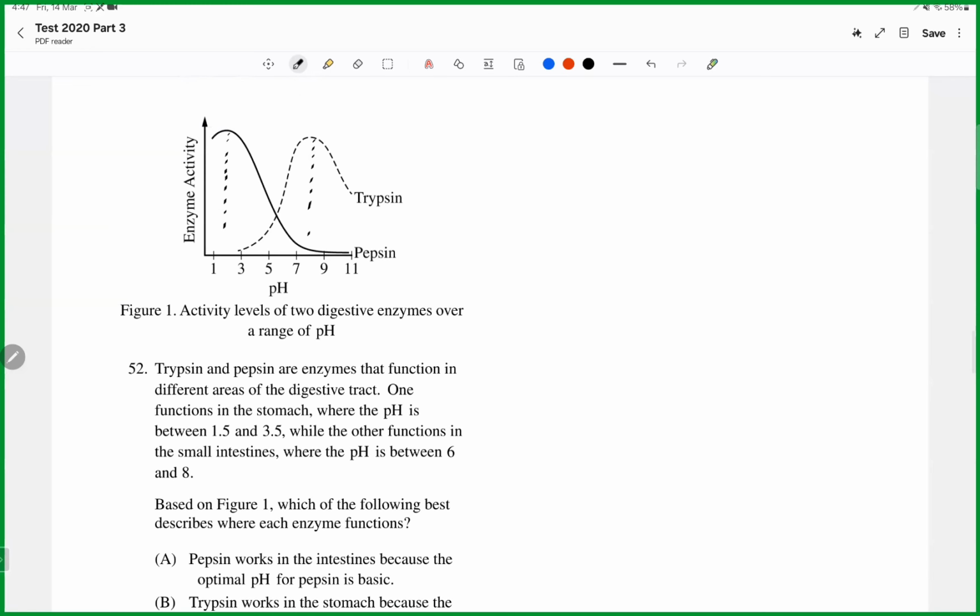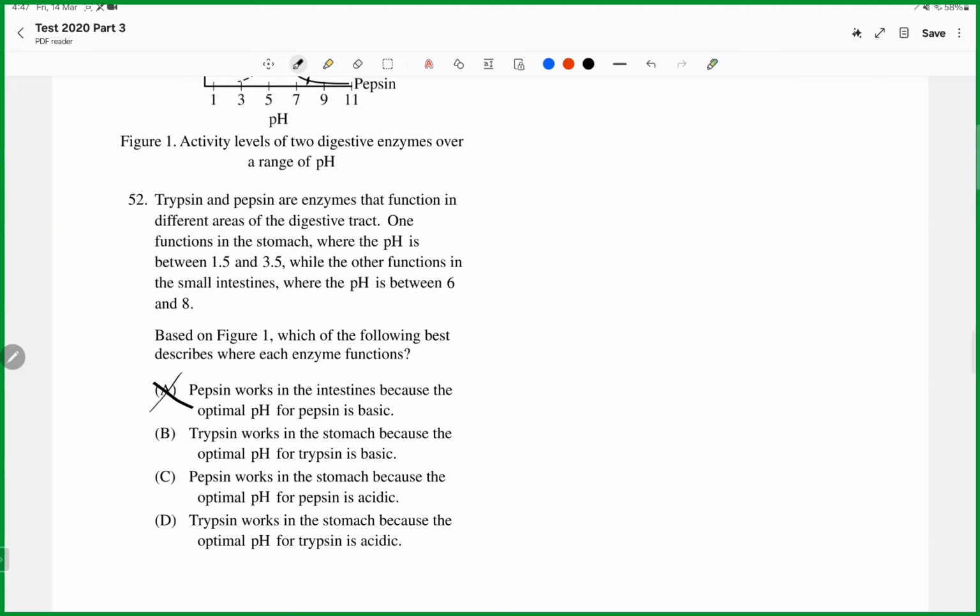I'm looking at the peak. Trypsin is basic. Right, so it's not A. No, trypsin works in intestines. Yes. That was mentioned.